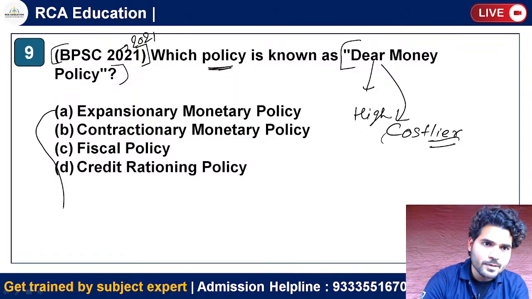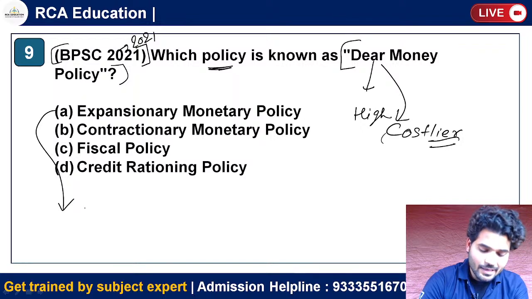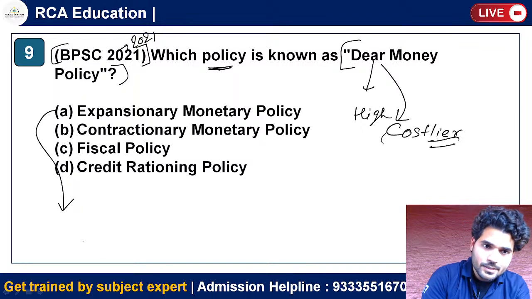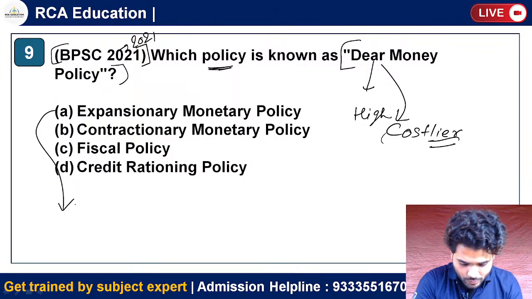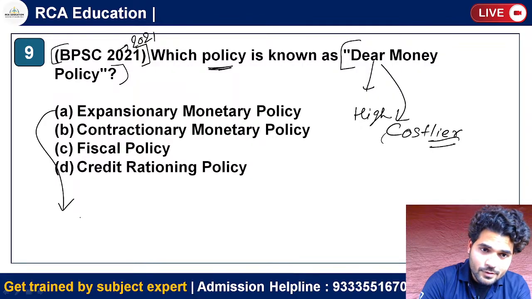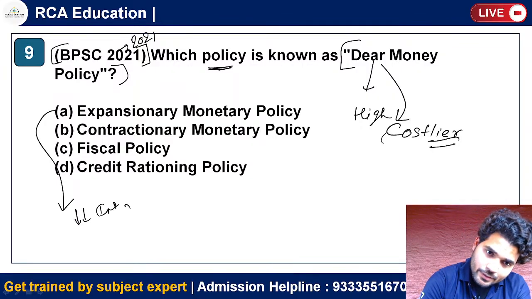What happens in expansionary monetary policy? We see that there is a lower interest rate.